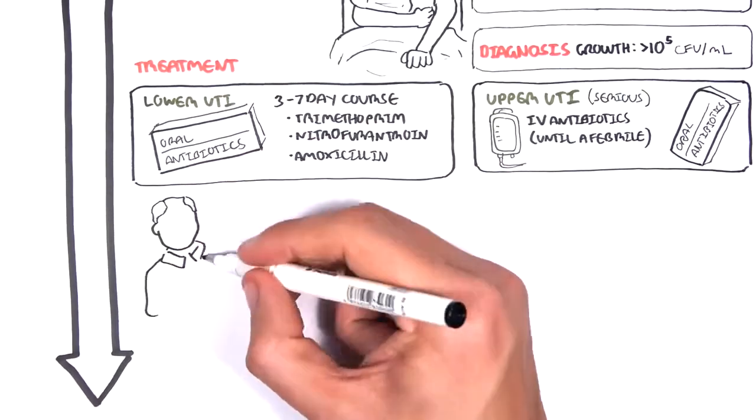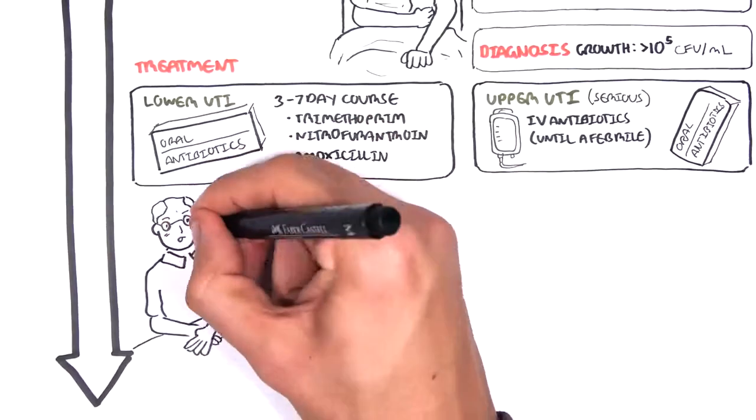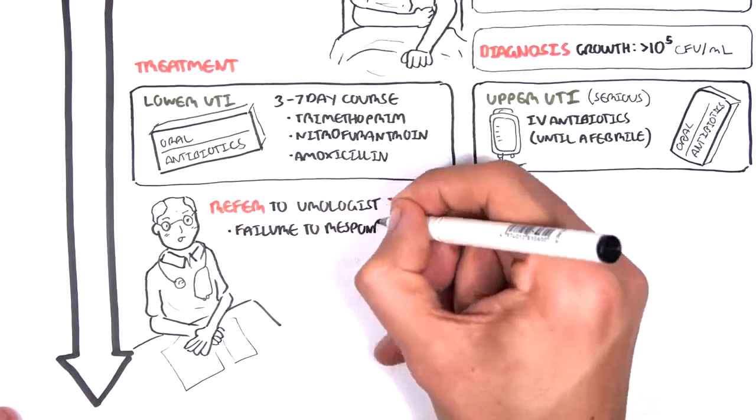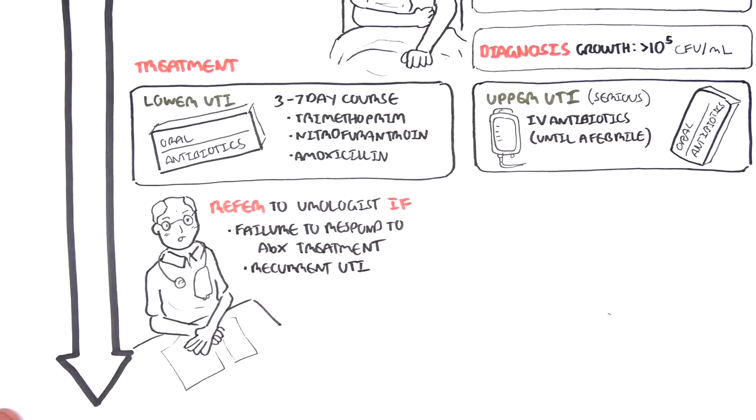Finally, it is important to know when to refer to a renal specialist or urologist. Refer to a urologist if there is failure of the patient to respond to antibiotic treatment. If there is recurrent UTI, which is defined as having 3 or more in 1 year.